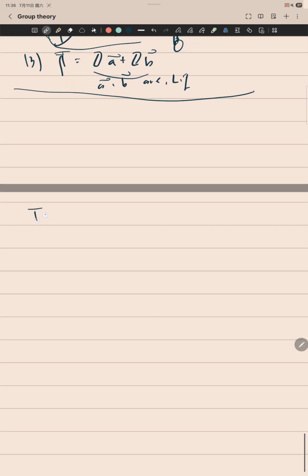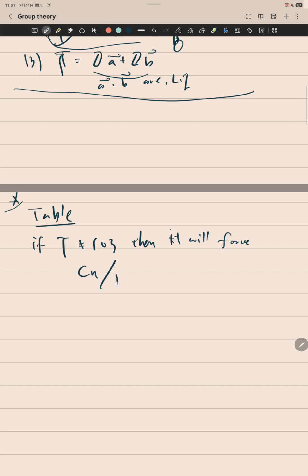Okay, and so this is the non-trivial one that we will prove in the next videos: if T is non-zero, then it will force Cn and Dn with particular n. So this is quite interesting.